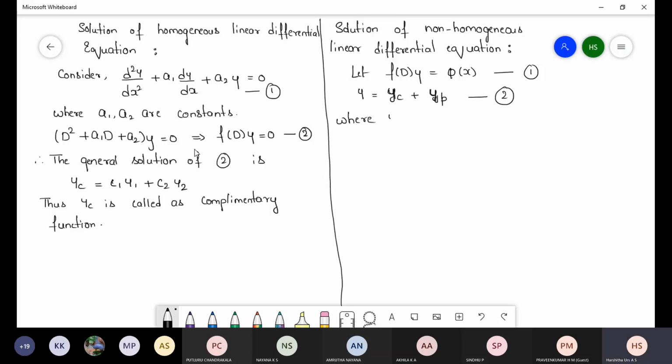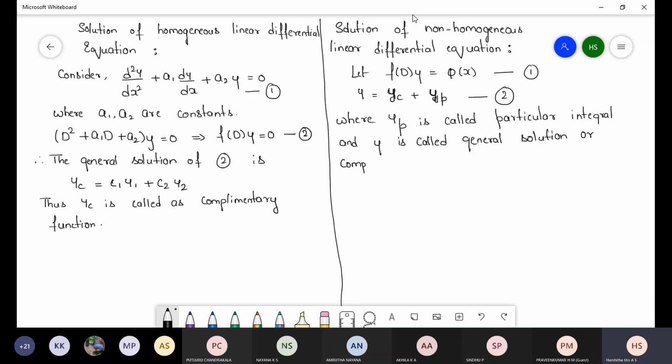Where yp is called the particular integral, and y is called the general solution or complete solution.